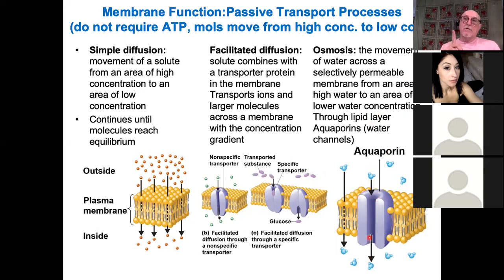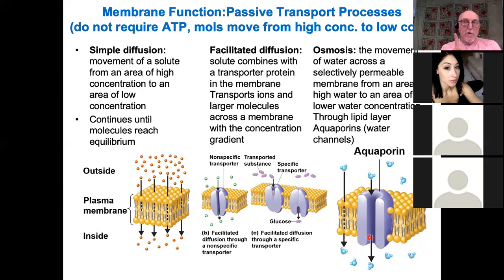The only control which a cell can exert through the aquaporins is to get rid of aquaporins or rebuild them. Once an aquaporin is built, it just functions as a channel for the water. But the cell can exert some control by sometimes breaking down the aquaporin and taking it away, or if it needs to transport water, building aquaporins back.